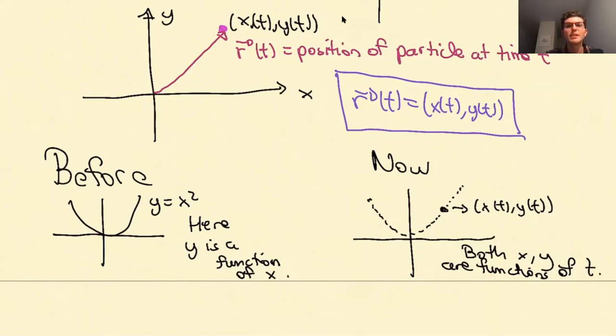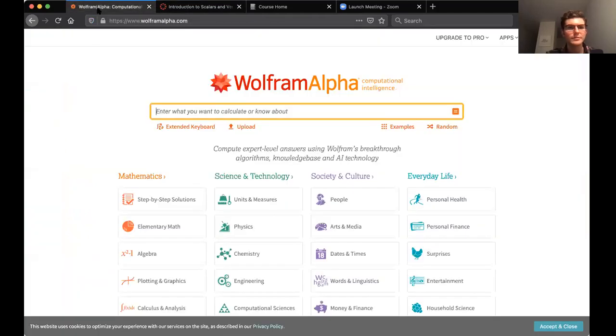Just to give you an example of the power of this different interpretation, let's go to forbidden land. So let's go to Wolfram Alpha. It's forbidden for the exams, but it's friendly for things that are non-exam related. So name a person that you find is famous or interesting. Anyone?